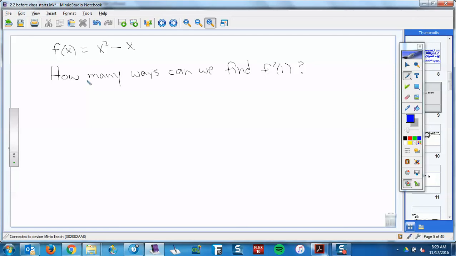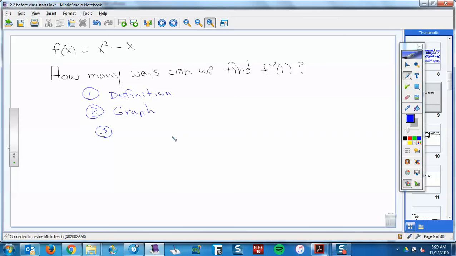How many? 3? Have we got more than 3? What's 1? The definition, the thing we just learned. Okay? So we can work out that long way. Right? Okay? What else? Graph it, sketch a tangent line. Okay?